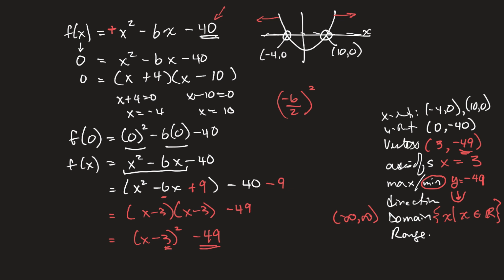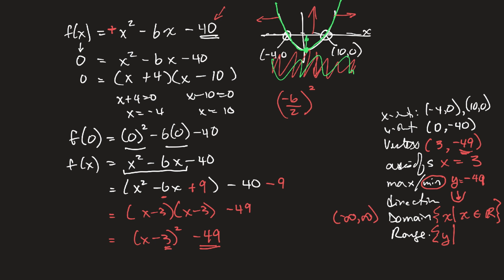Now range refers to y values. And so I can say my range is all the y's as long as, now y's is up and down, right? But these y's down here don't count because they're not on my graph. My graph is this right here. And so these ones down here don't count. So it's only the ones from whatever the vertex is up.